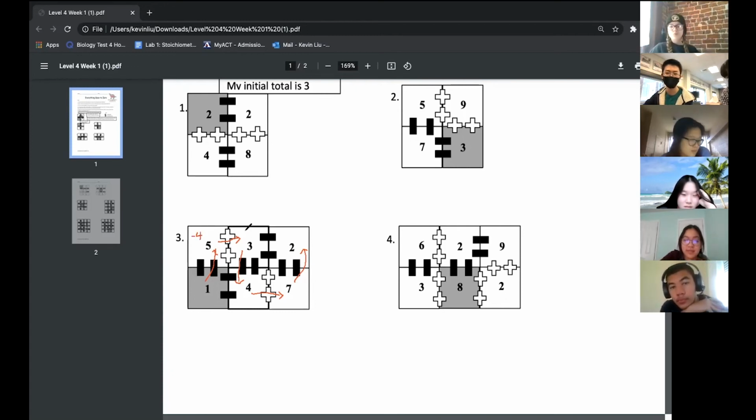So -4 plus 3. I think that gets us -1. And then when we move back down, we're subtracting 4. -5 from the chat. Wow, thank you, chat. And then -5, when we move to the right, we're adding 7 to that.